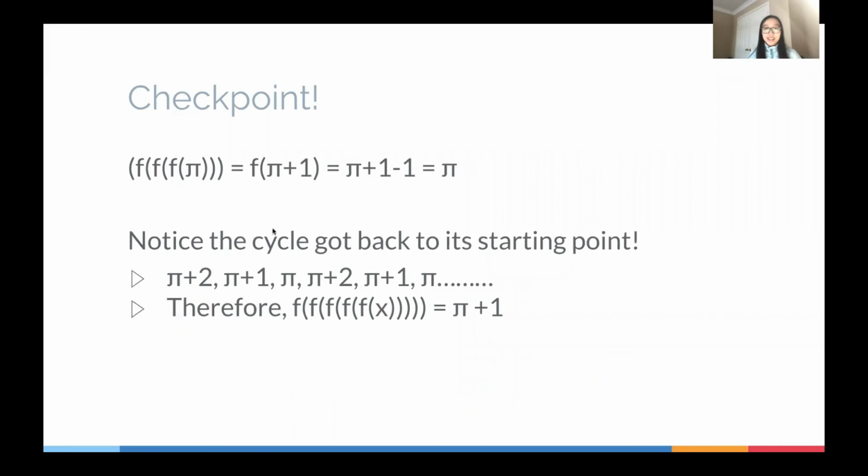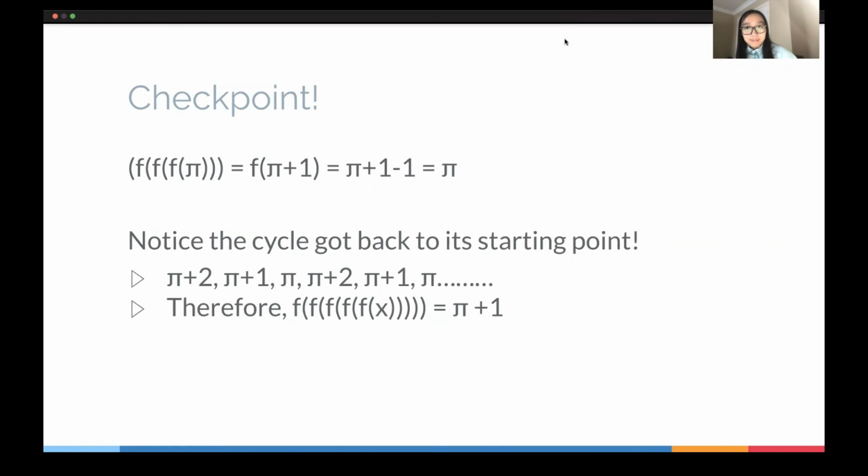So it'll always go pi plus 2, pi plus 1, pi, pi plus 2, pi plus 1, pi. Therefore, because we want to find 5 f's of pi, it's actually just pi plus 1 because it's the fifth one. So we have 1, 2, 3, 1, 2. So that is the fifth one. And that's how we would solve that question.